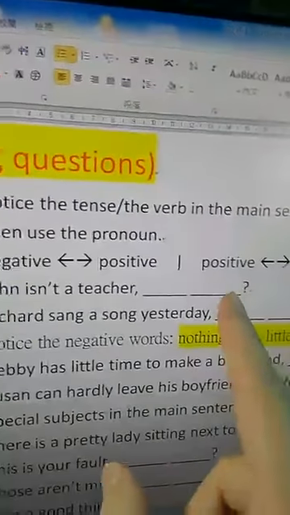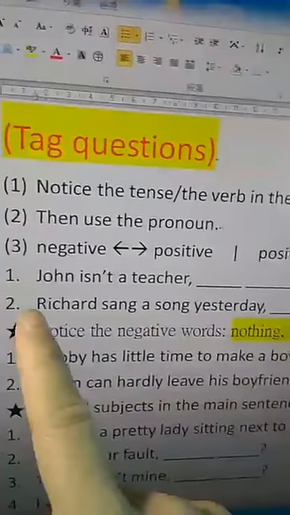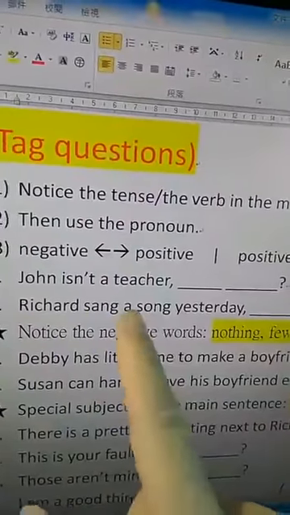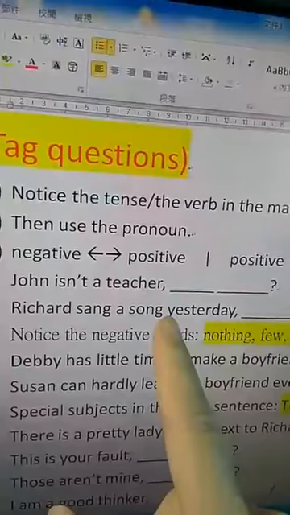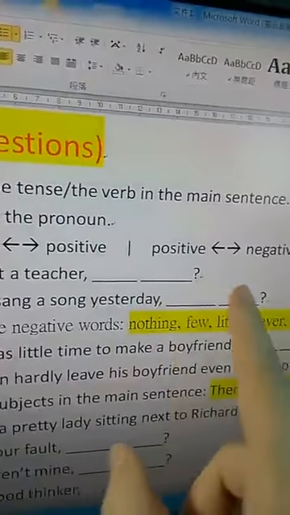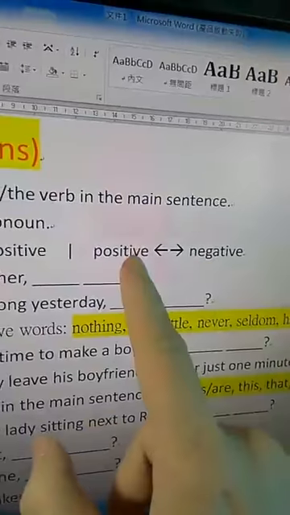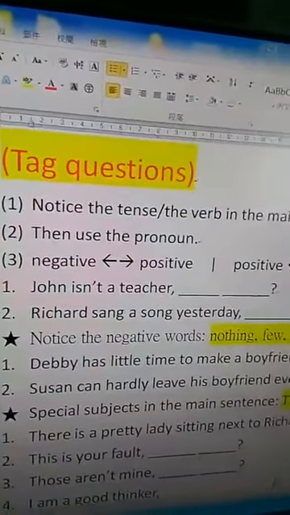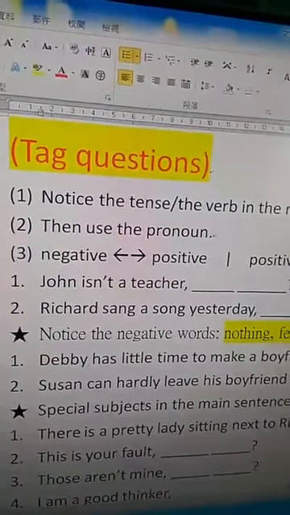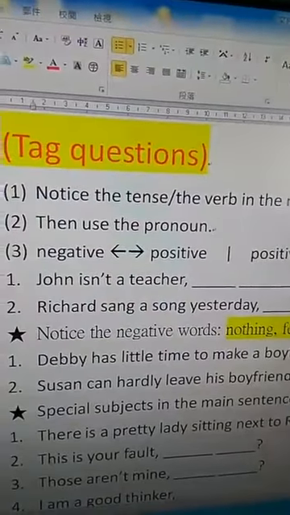And on the contrary, if your main sentence is a positive sentence like this, Richard sang a song yesterday, this is a positive sentence, and remember that you use the negative tag question here. So positive, negative, negative, positive. It's the opposite way, okay? It's the opposite way whenever you use a tag question, okay?